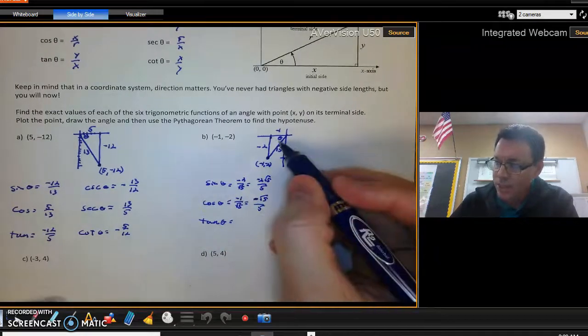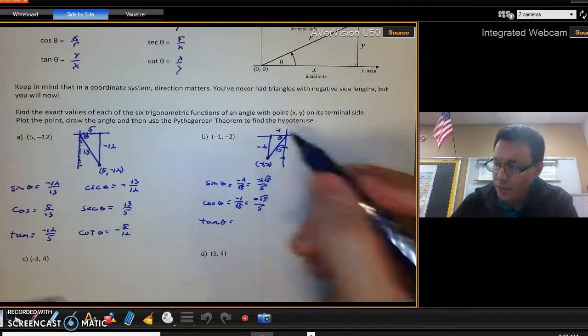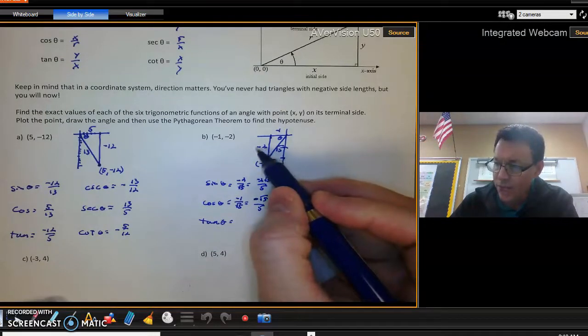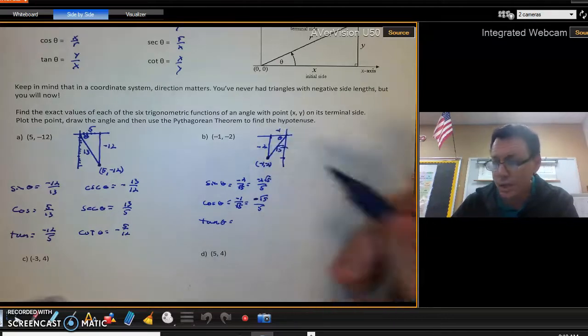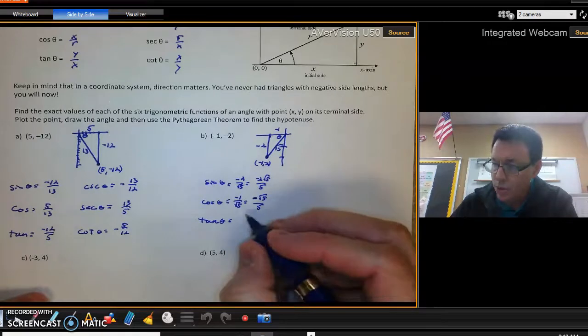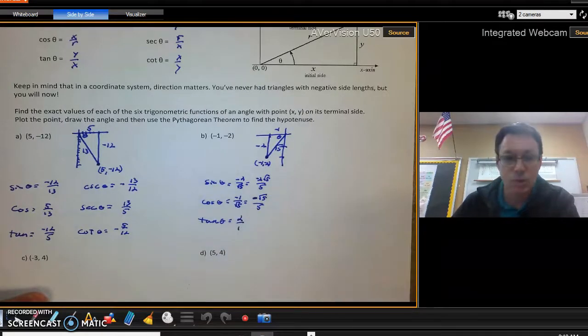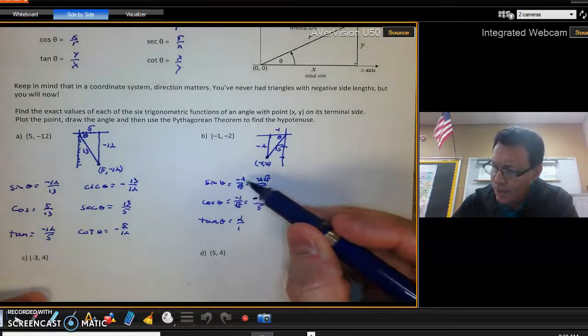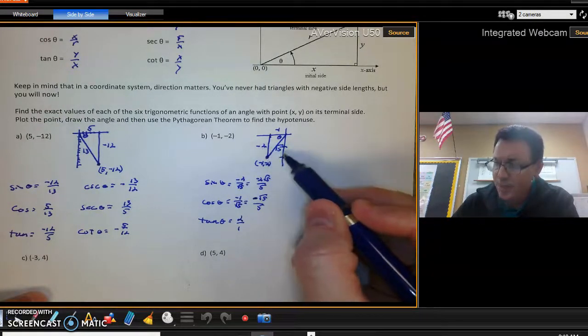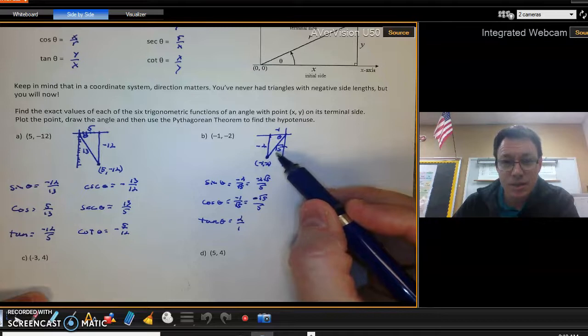What's the tangent? Tangent is going to be the opposite over the adjacent. So I've got negative 2 over negative 1, which means those negatives are going to cancel out, and I'm just going to get 2 over 1, or just plain 2. So notice what happened here. The sign was negative because we had a negative sign. Your hypotenuse is never negative.